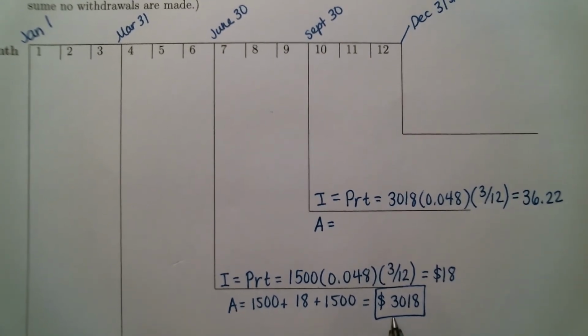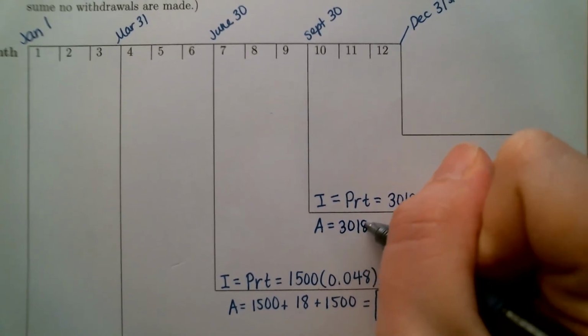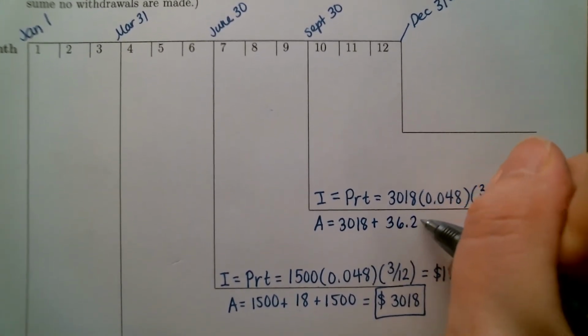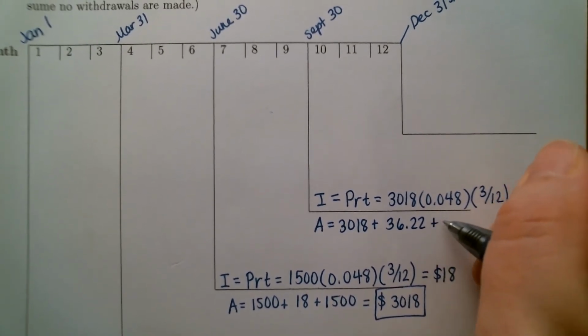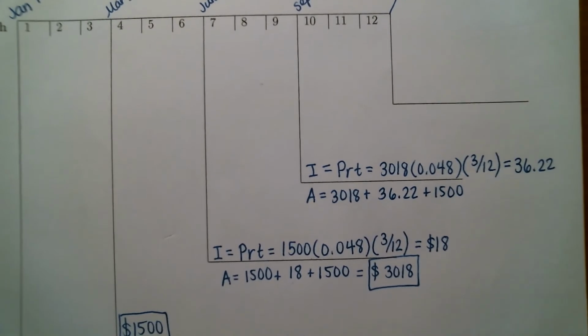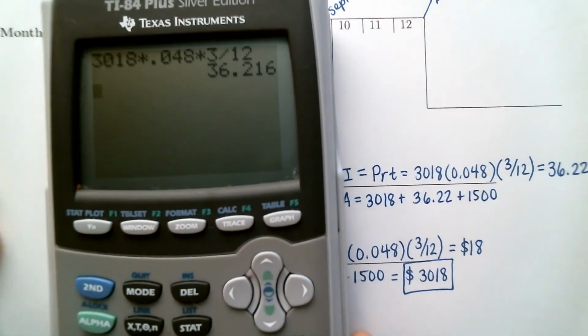So you need to take how much you started with, the $3,018, tack on the interest you earned during the third quarter, so $36.22, and you need to make another $1,500 deposit. Okay, so let's figure that out. What does this add up to?